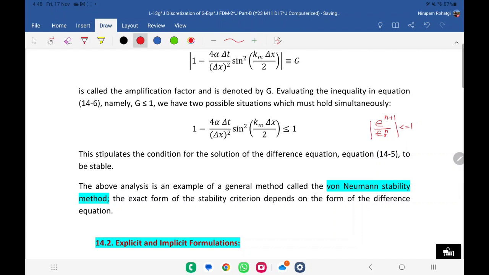Now if your error each time is reducing, then you can say your solution is stable. So that is its analysis, and this is called the von Neumann stability method. So the method which you are adopting, you have to be sure that it will be stable. Okay.